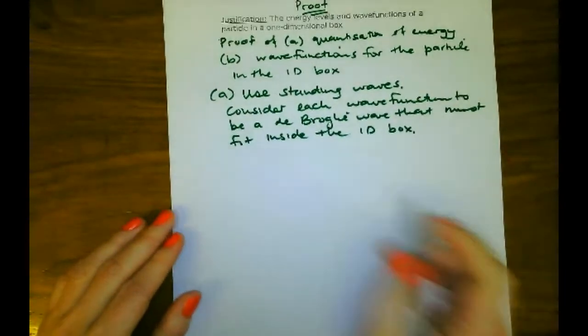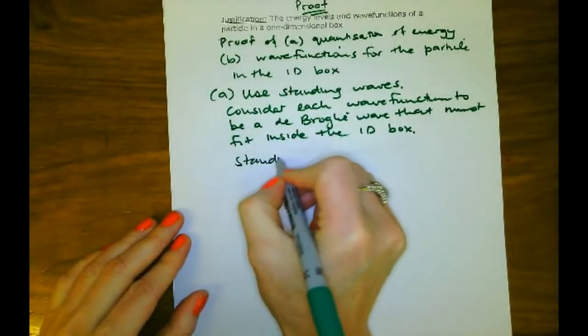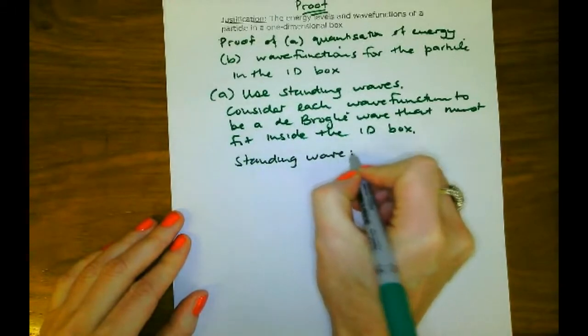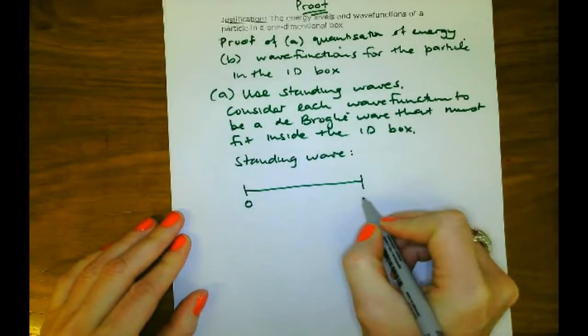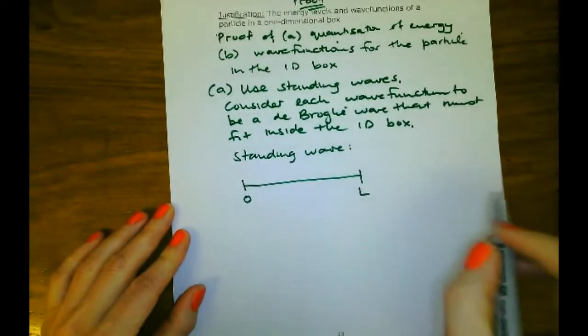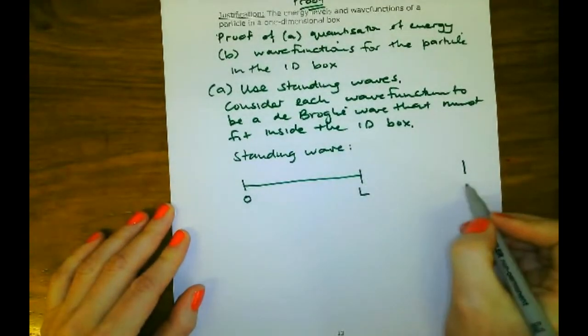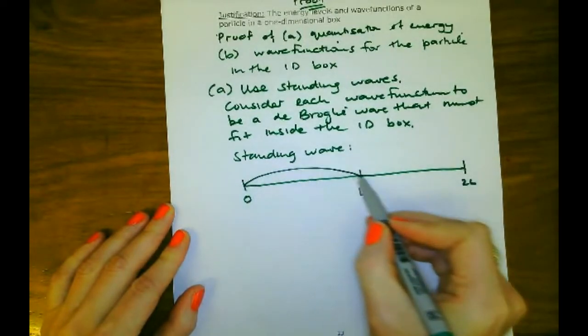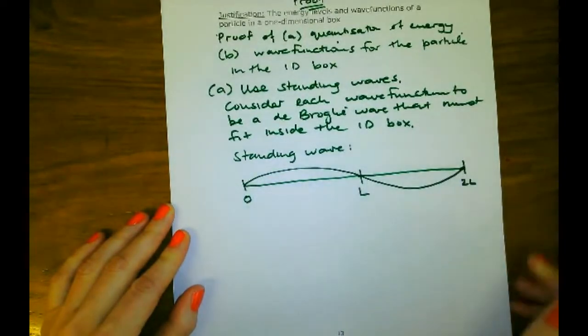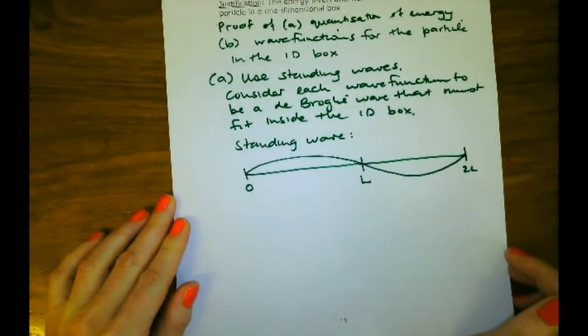Okay, now what does a standing wave look like? If this is the box, that's x equal to 0, x equal to L, and let's just extend the box to 2L. This is one type of wave that can fit inside the box.